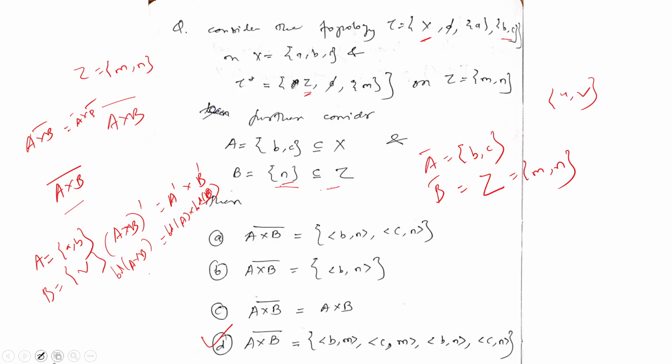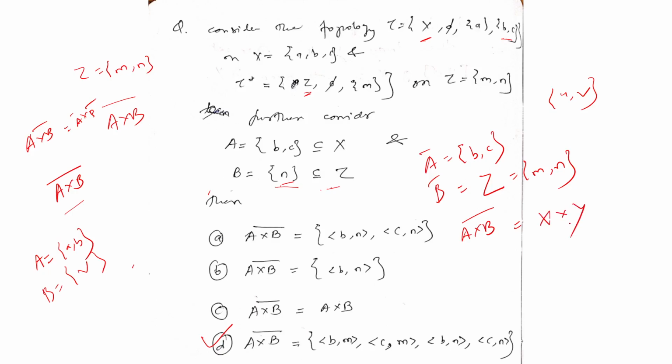So how shall we discuss it? Ma'am, I am getting A cross B closure as X cross Y. You got A cross B whole closure equal to X cross Y, the whole space.